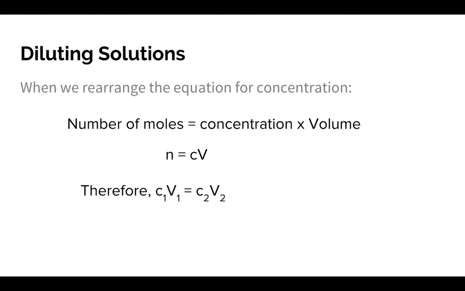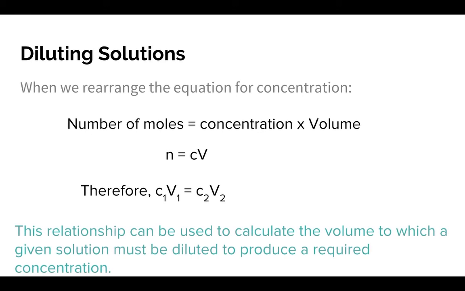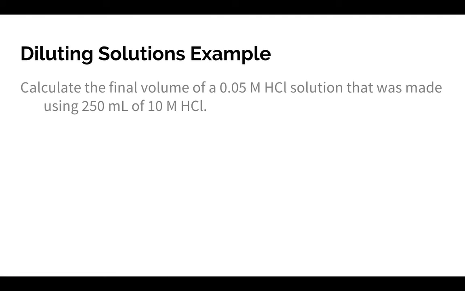Therefore, it follows that C1V1, where that's the concentration and the volume of the original solution, is equal to C2V2, the concentration and the volume of the diluted solution. The relationship can therefore be used to calculate the volume to which a given solution must be diluted to produce a required concentration. So we're going to place this into action in a couple of examples.